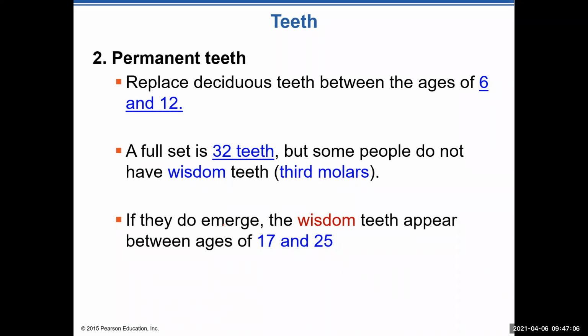The right time for these wisdom teeth is 17 to 25. For some people it will erupt earlier, like by the age of 17, but it can go till 30 as well, right? So except for these third molars, all the teeth are replaced from deciduous to permanent by the age of 12.